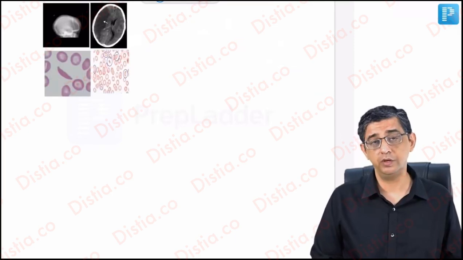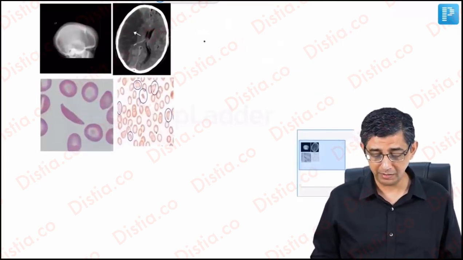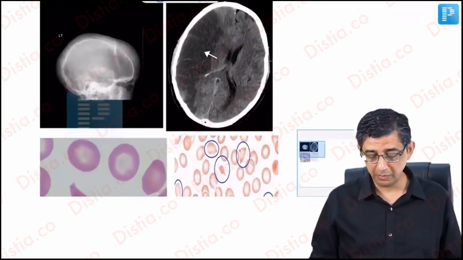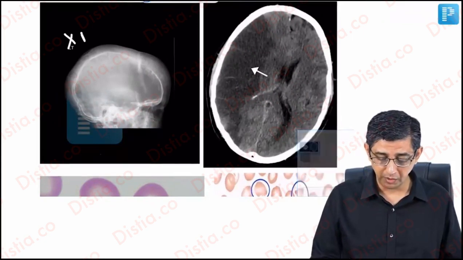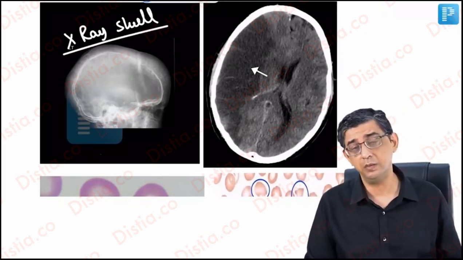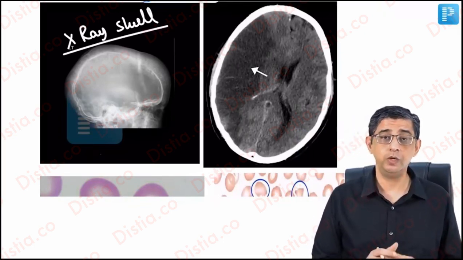Now, before we talk about the workup of these patients, I just want to highlight some very specific features of this particular disorder. First of all, remember that an X-ray skull showing a crew-cut appearance can not only be seen in thalassemia but can also be seen in sickle cell anemia, because in both of them the bone marrow is frustrated.